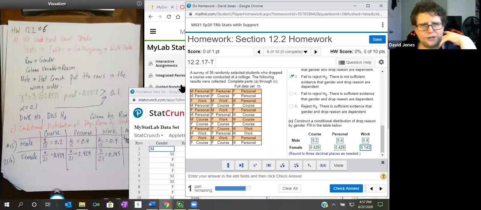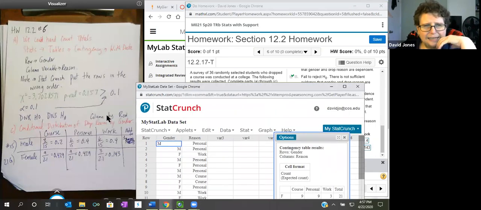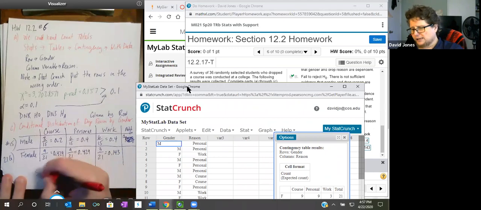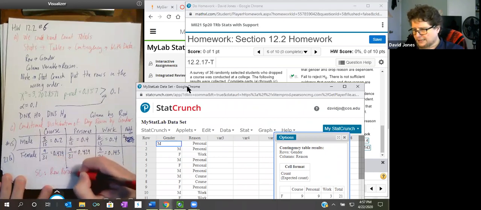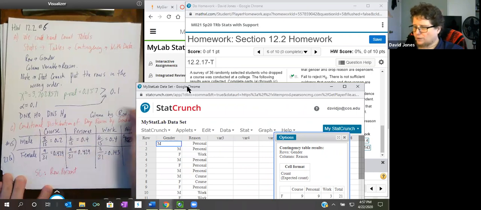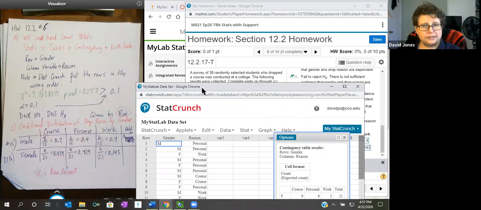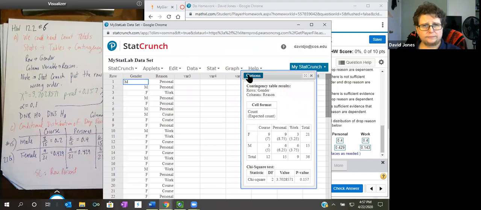The other option I have for doing that is column by row. So we could change this to do StatCrunch, tell it to do row percent, because that's what the last thing was. So let's look at this by row percent.